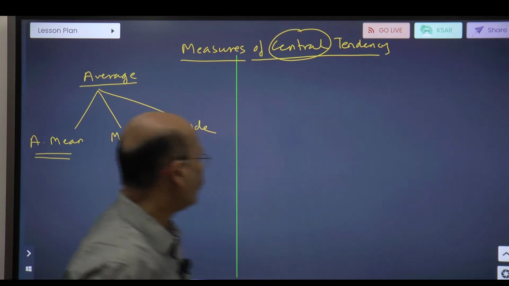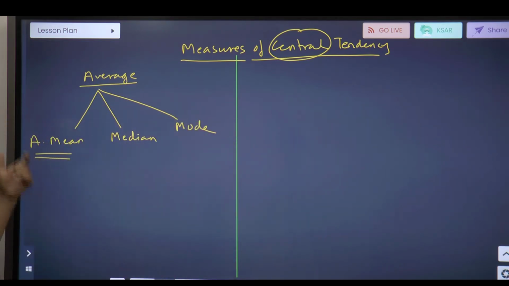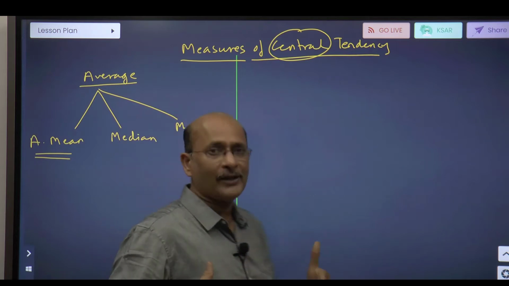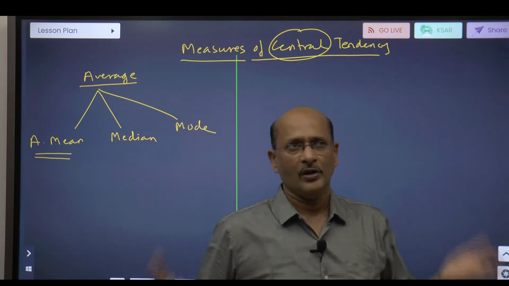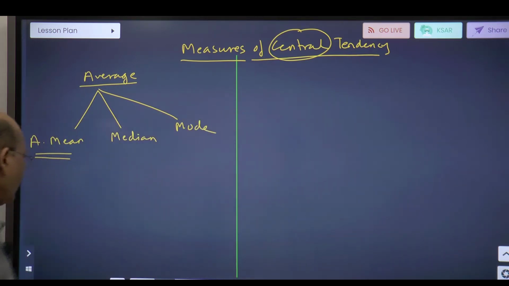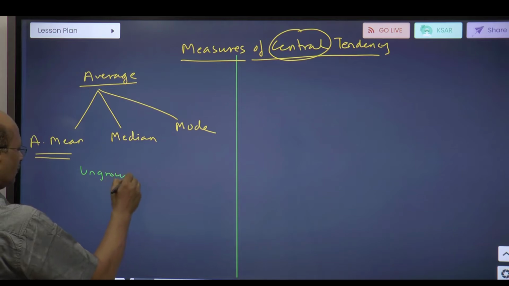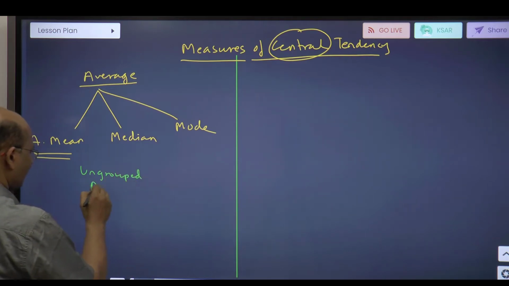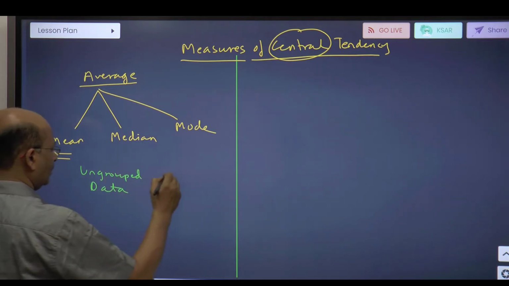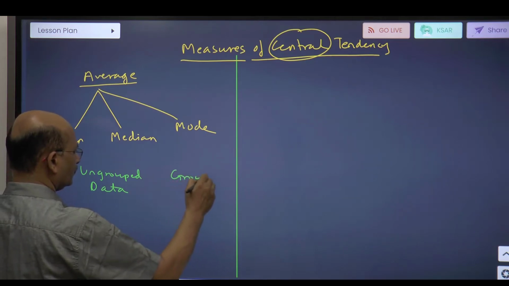So, basically I always try to classify the understanding of this portion of the topic with respect to two types of data. One is ungrouped data, and the second type of data is grouped data.